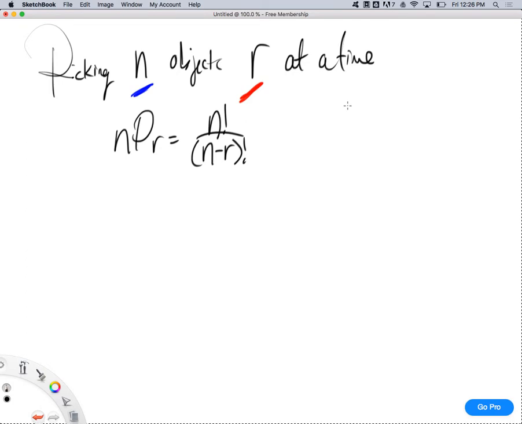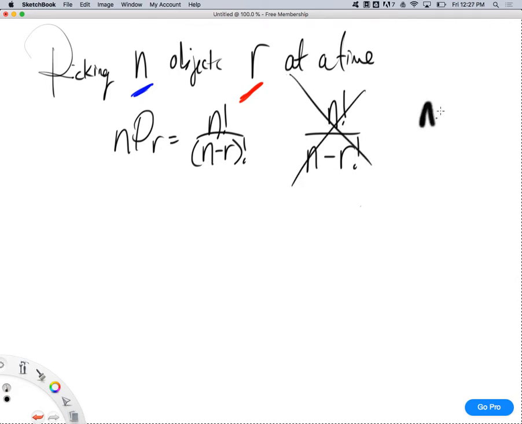Now, you're going to be responsible for answering a multiple choice question of what this formula is. So you have to be able to remember it and recognize it. This is not the same. That's not the same. This is not correct.